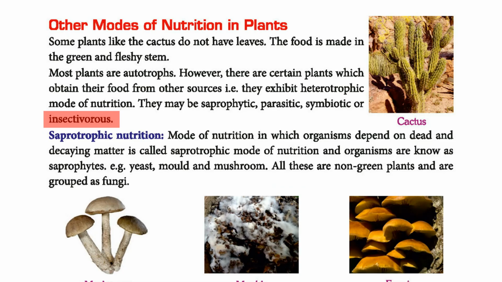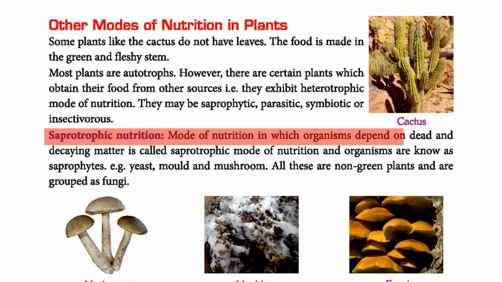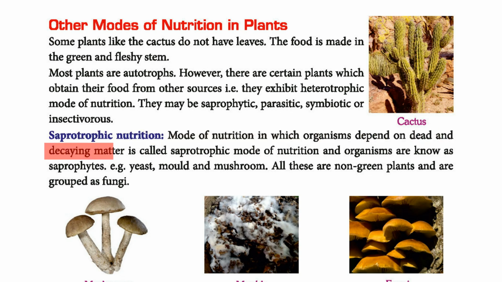So, what is saprotrophic? In saprotrophic nutrition, the mode of nutrition in which the organisms depend on dead and decaying matter is called the saprotrophic mode of nutrition, and the organisms are known as saprophytes. Examples are yeast, mold and mushroom.